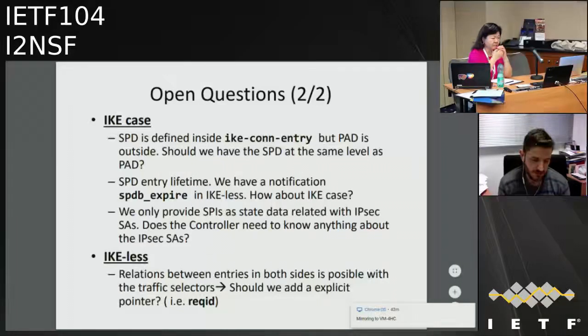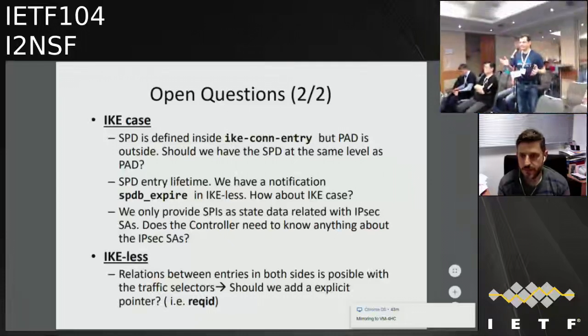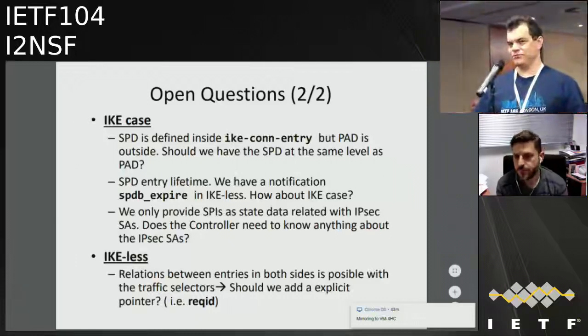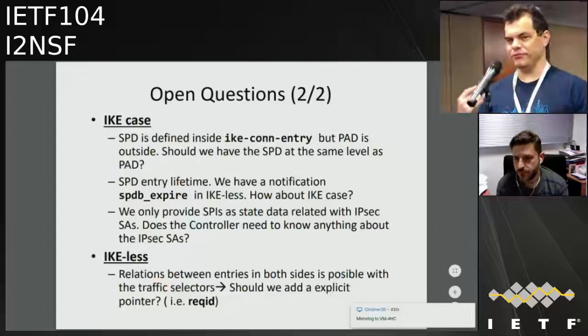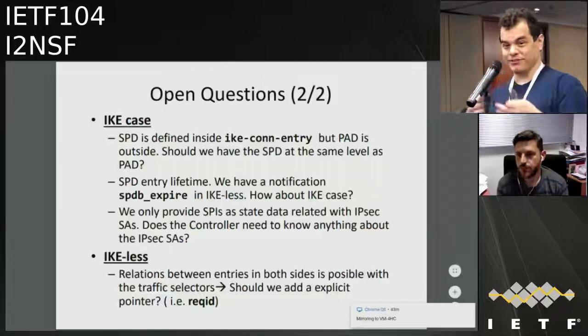Yoav Nir again, no hats. When you do the IKE case, IKE creates a pair of SAs, one for inbound, one for outbound, and they're linked by virtue of having been created with the same IKE exchange. So it would make sense for IKE-less to have the same thing, especially if we do the multiple parallel SAs that Paul talked about earlier: you have multiple parallel pairs of SAs, and you want the pairs to be connected to one another.